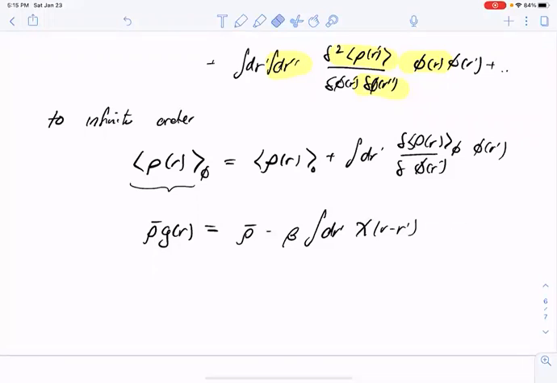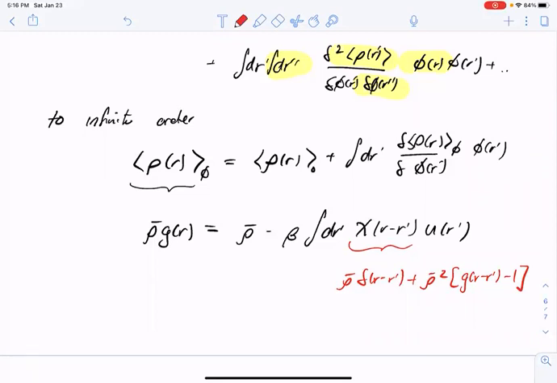Sorry, now we put in that we're adding the potential u of r. Now chi is nothing but rho along the diagonal plus rho squared times g of r minus 1.